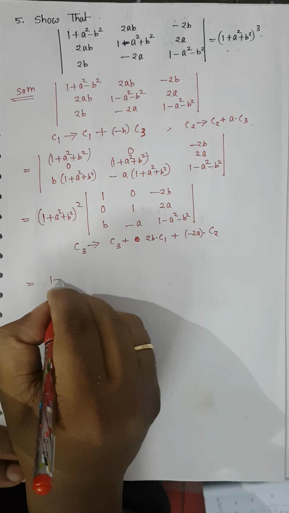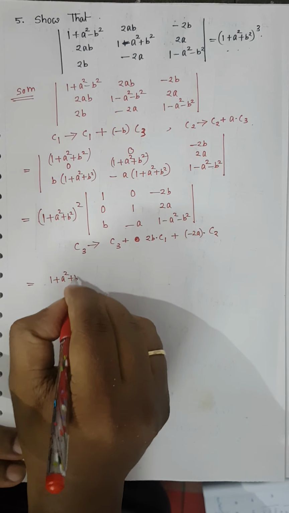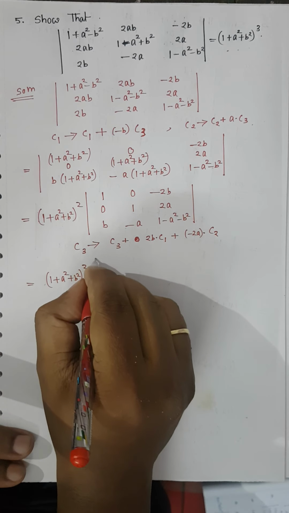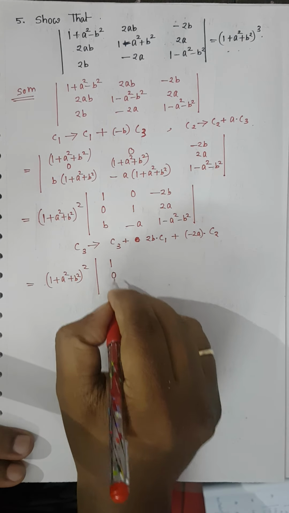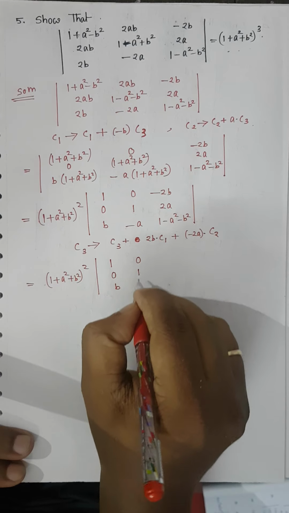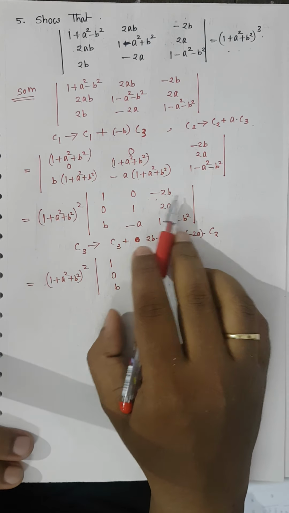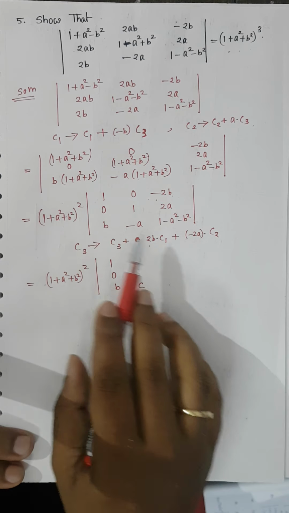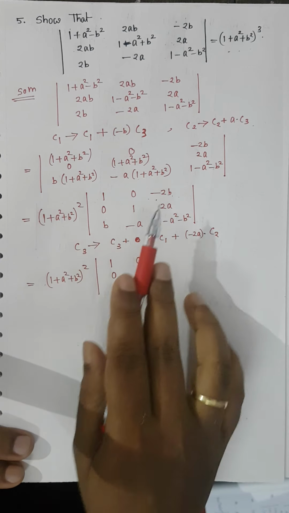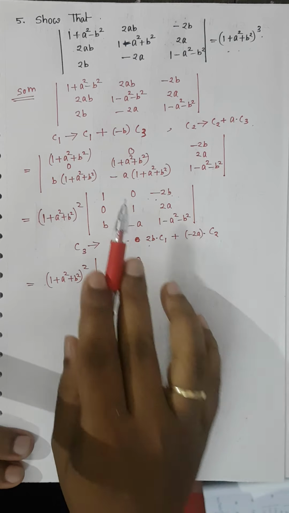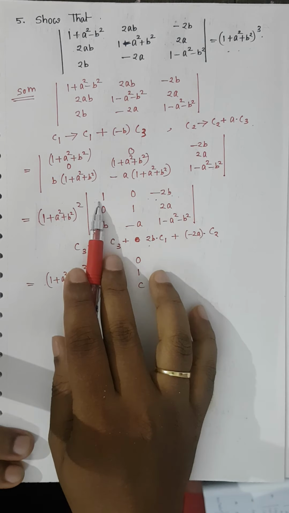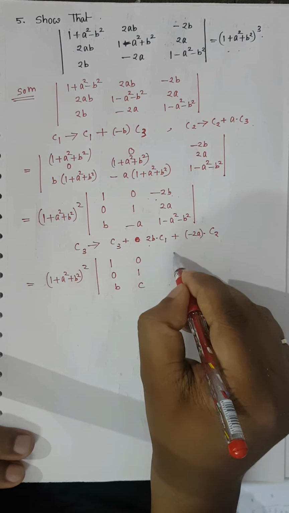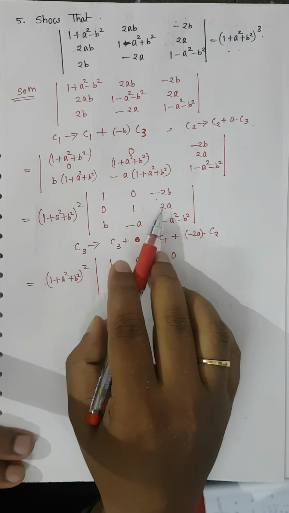I will get 1 plus a square plus b square whole square, times the determinant of 1 0 b, 0 1 c. See, this is minus twice b. If I multiply by 2b into column 1, 2b into 1 minus 2b and minus 2a into 0, this is minus 2b plus 0, it is 0. In here it is twice a.